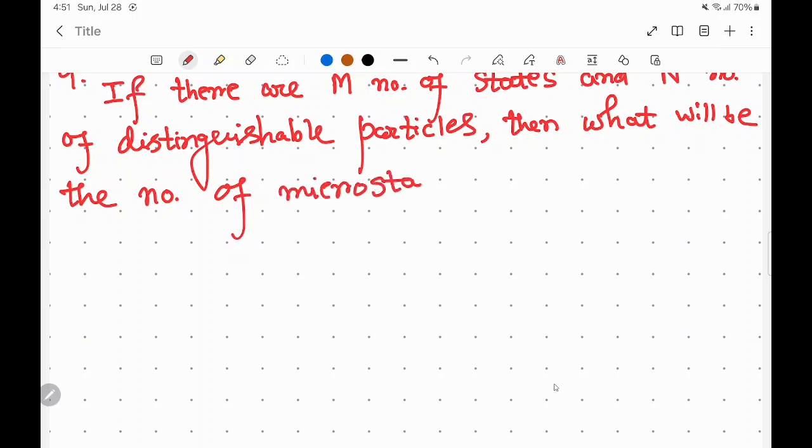Though microstate is not defined in the class, this is just the number of ways, the number of arrangements, nothing more than that. So better to write the number of arrangements.